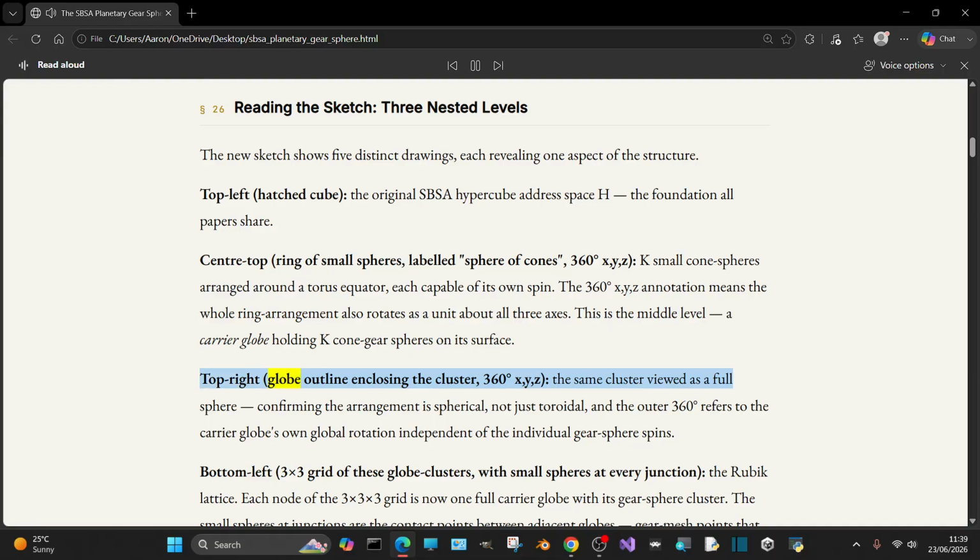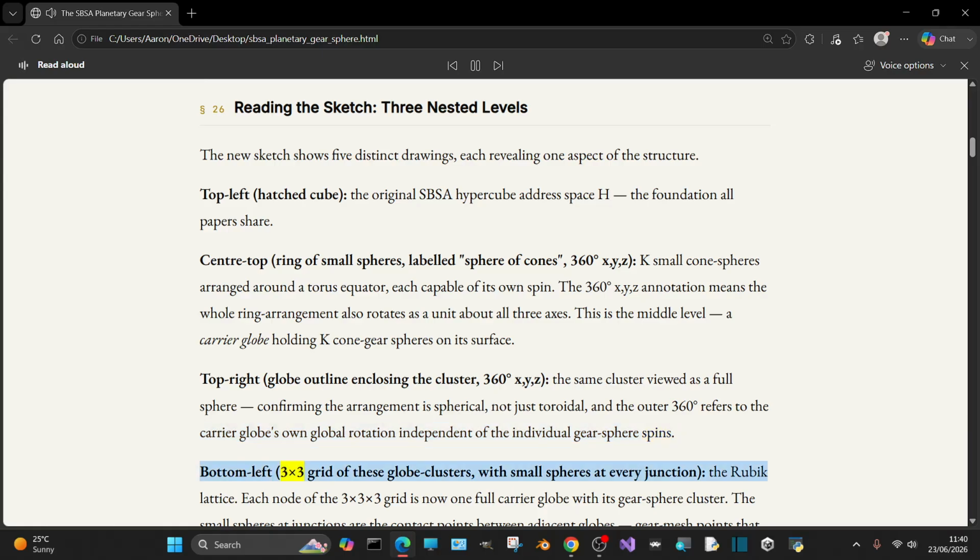Top right, globe outline enclosing the cluster, 360 degrees X, Y, Z: the same cluster viewed as a full sphere, confirming the arrangement is spherical, not just toroidal, and the outer 360 degrees refers to the carrier globe's own global rotation independent of the individual gear sphere spins.